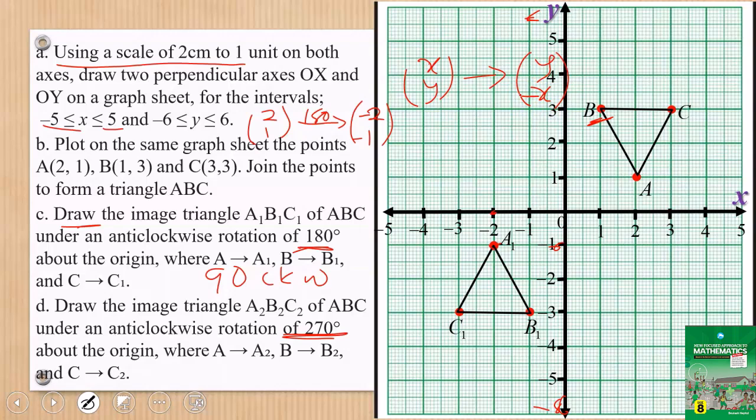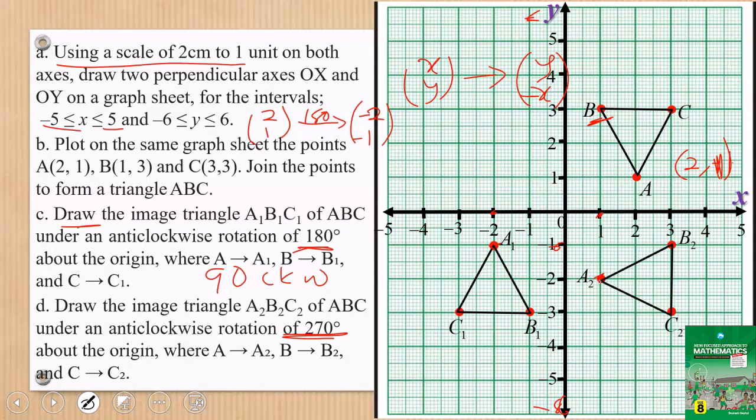And so if the original is 2, 1, then the image is going to be 1, -2, so we plot our point here. If B is 1, 3, the image becomes 3, -1, and so we get it here. Then the last one is 3, 3, the image becomes 3, -3. Then again, we put them together, and that gives us this result.